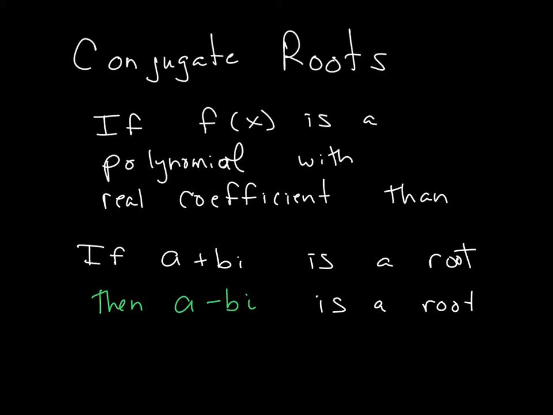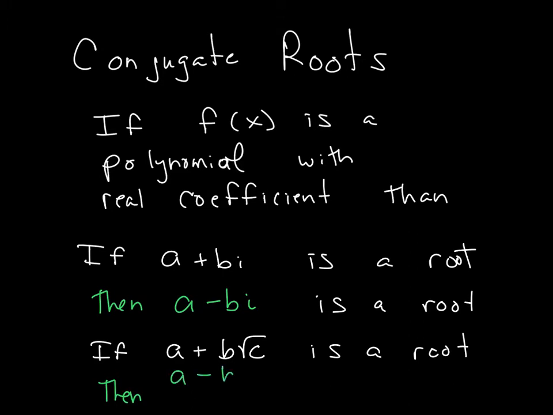The same is also true if I say that a plus b square root of c is a root when the polynomial is equal to 0, then also a minus b square root of c is also a root.